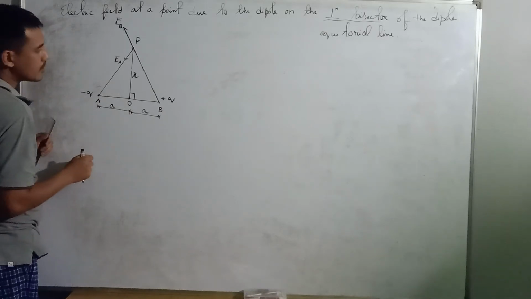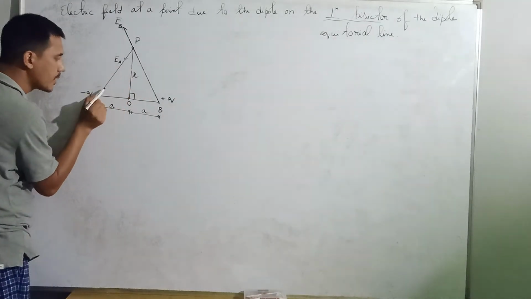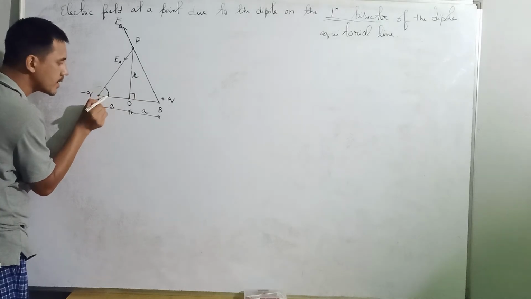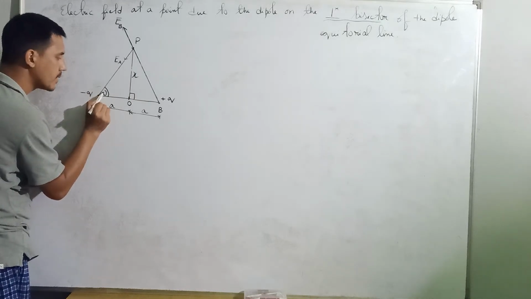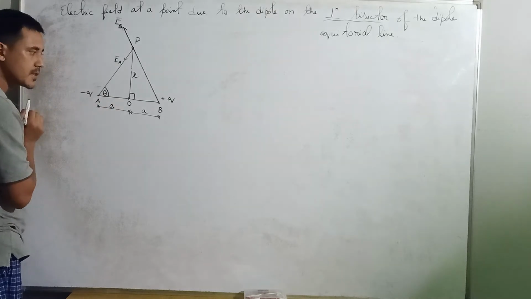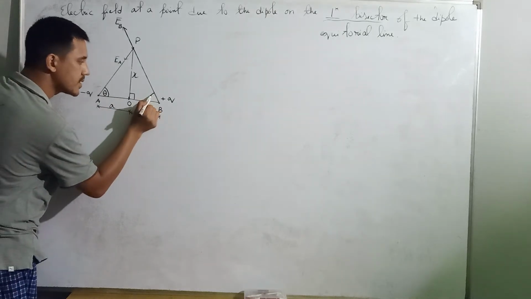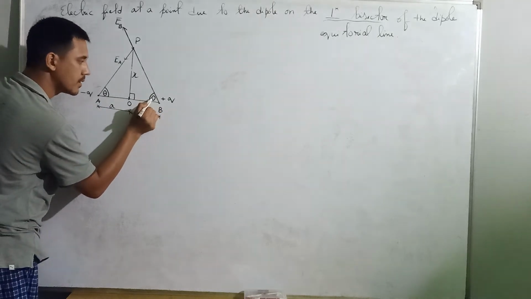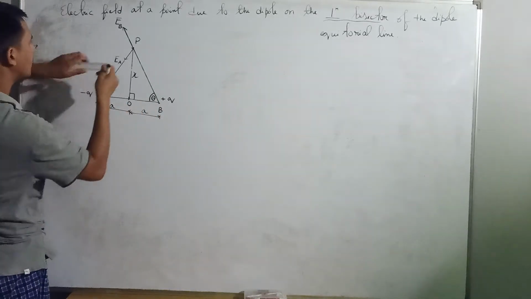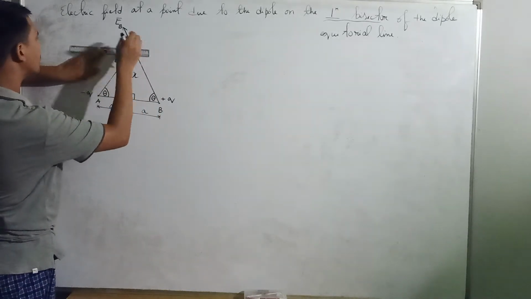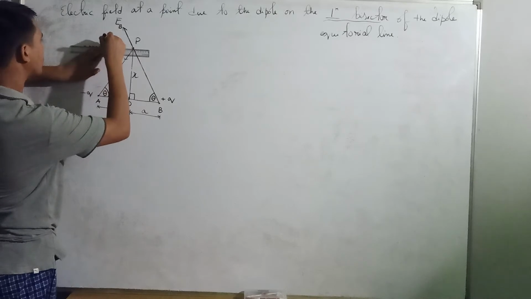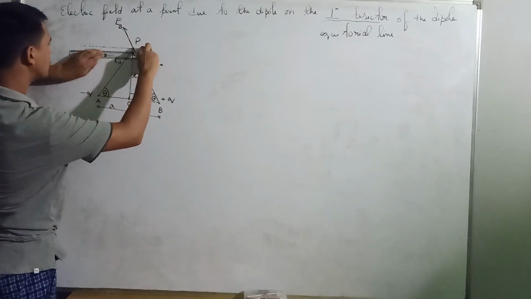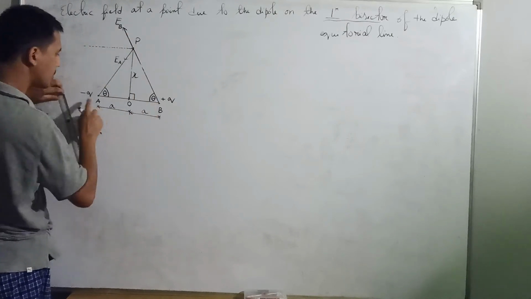Now what I'm going to do is let this angle be theta. Then due to symmetry, this angle will also be theta. Now through this point P, I'm going to draw a line which is parallel to your AB.